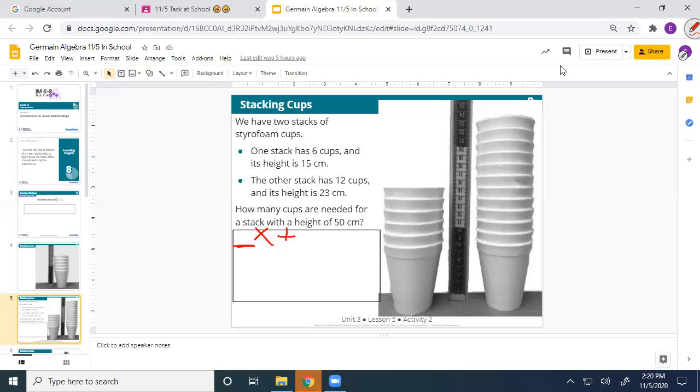So when we have 1 cup, if you look at the picture, how tall is 1 cup? It's kind of hard to see on the slideshow because it's a little bit distorted. But I want you to look in your book. Draw a little line from the edge of the cup over to where it hits that measuring tool and tell me how tall is 1 cup.